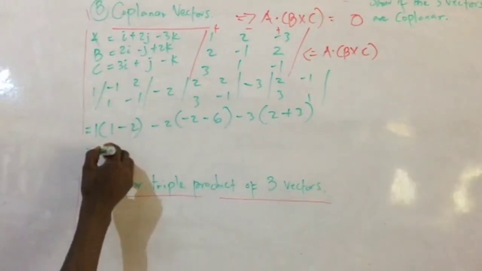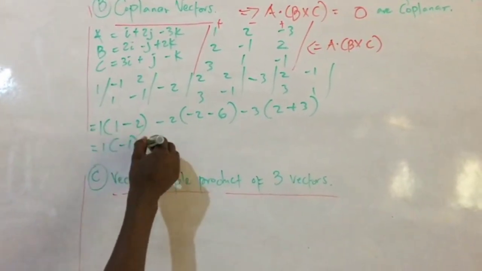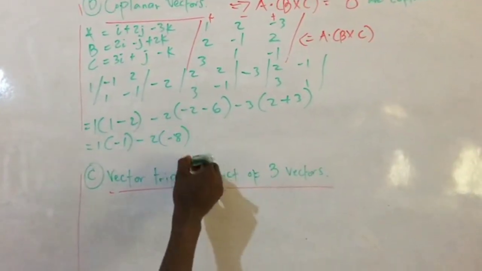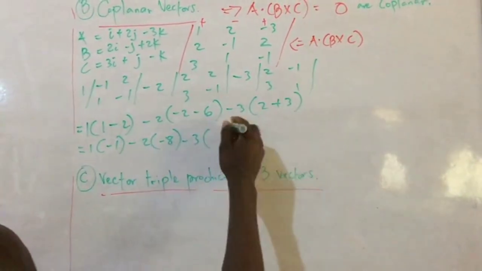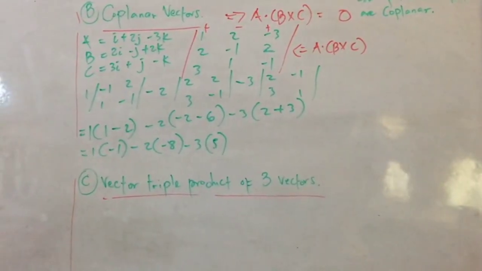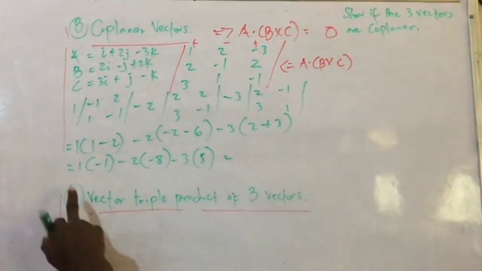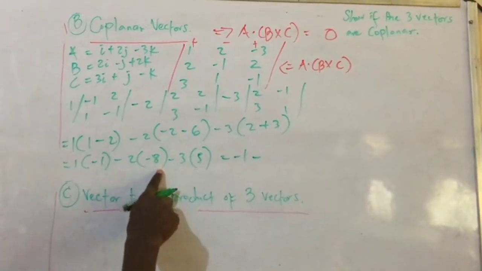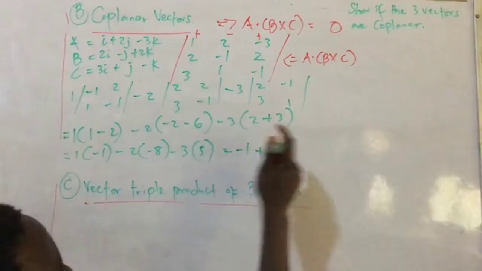So what do we do here? We can solve further. 1 minus 3 is minus 1, and minus 2 into minus 2 minus 6, that's minus 8, then minus 3 into bracket 2 plus 3, which is 5. So let's calculate this together. I'm going to be having minus 1, minus 2 times minus 8 will give us plus 16. Then minus 15 here.